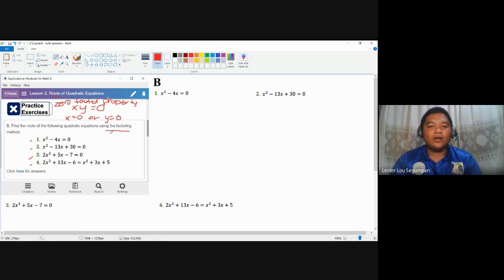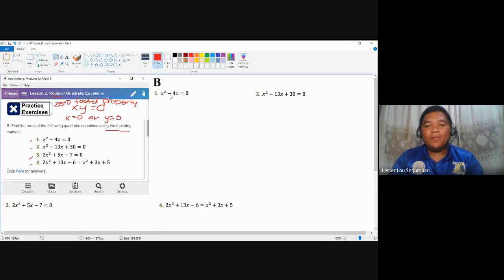In this case, we are going to use the factoring method, because if we can factor these quadratic expressions into two different factors, each can be set equal to 0. So let's just try number 1 for the representation.